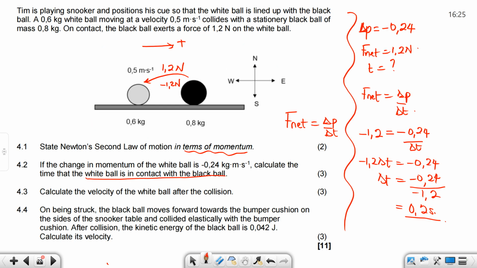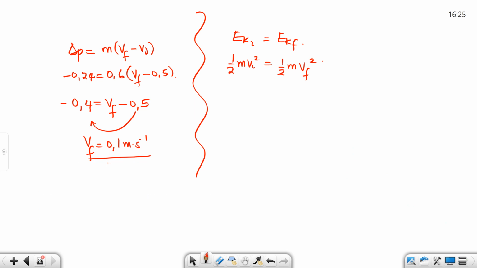All right, let's see. What are we looking for? On being struck, the ball moves forward towards the bumper cushion on the side of the snooker table and collides elastically. After collision, the kinetic energy. So what is this? The kinetic energy after collision. Now we are looking for its velocity. This whole thing represents the kinetic energy after. 0, what?